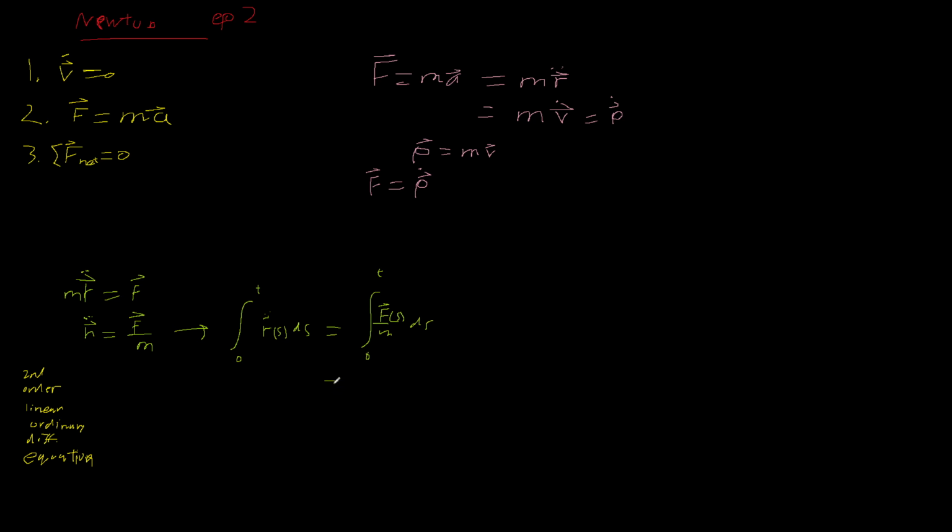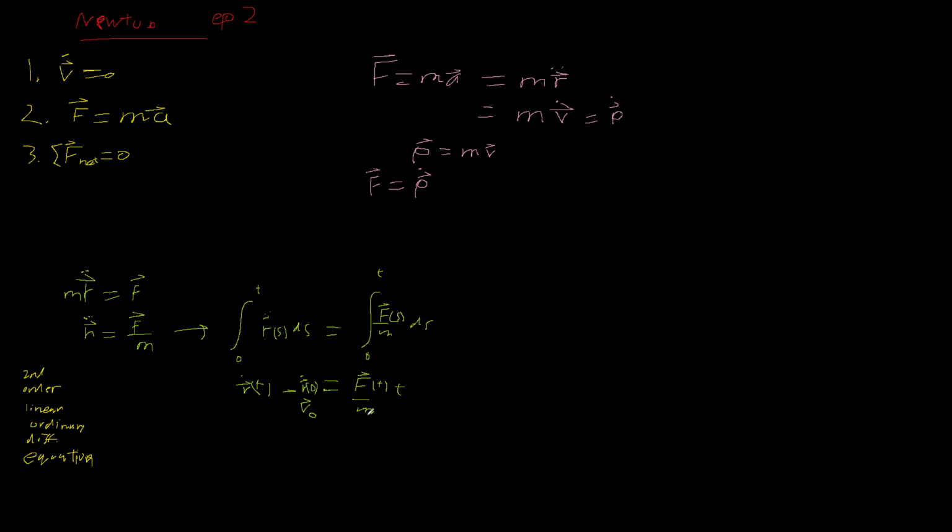This is going to give us our velocity at t minus our velocity at 0, so this is actually our initial velocity, right? Is equal to this expression here, force over mass at some time.